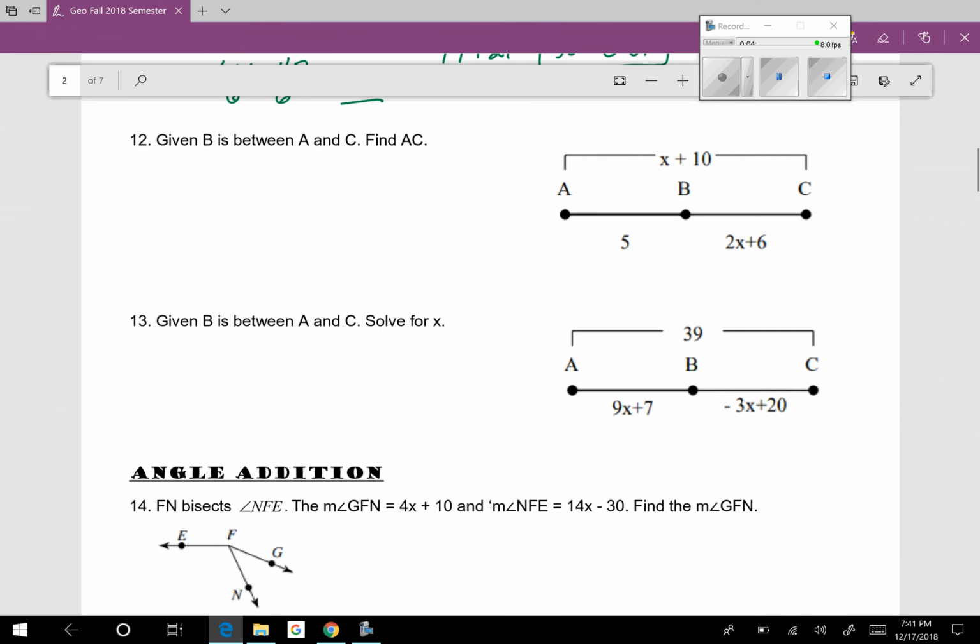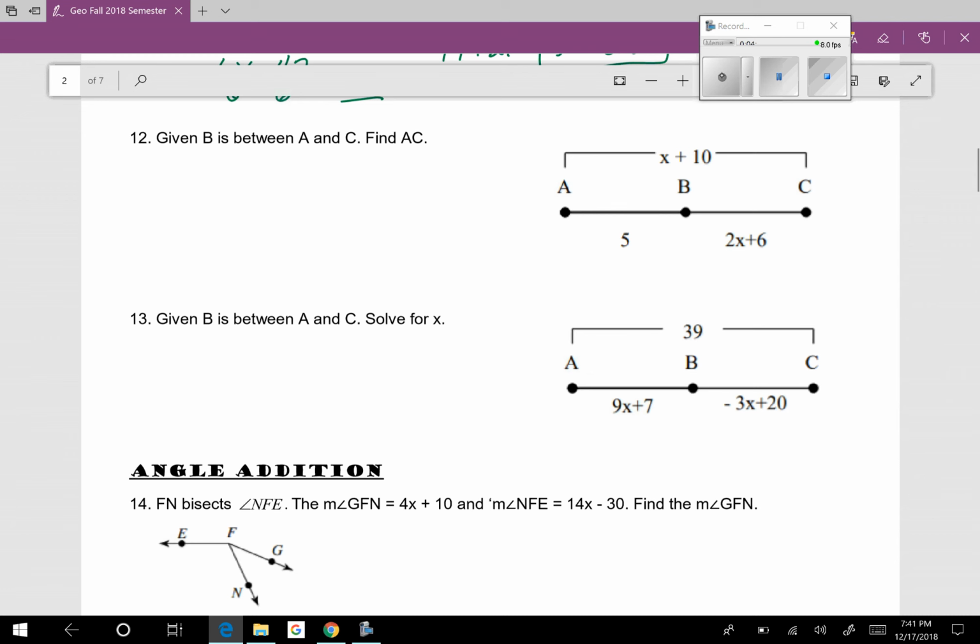Okay, number 13. B is between A and C. So it looks like B is in the middle, but we don't really know. So we have to add the 2 and set it equal to the total. So 9x plus 7 plus negative 3x plus 20 has to equal 39.